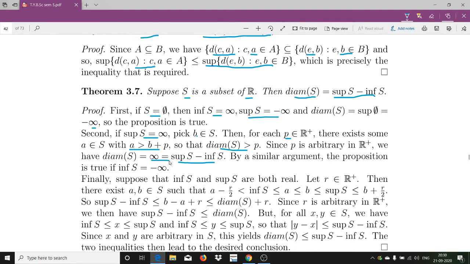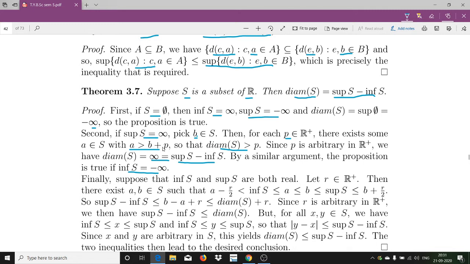Now a similar argument you can make, and you can prove that this statement will be true in the case where the infimum of S is equal to minus infinity. I will just quickly go through it. If you have a case where the infimum of S is minus infinity, we are not making any condition on the supremum of S. Now what we'll have: if you take any element b inside your set, since the infimum of S is minus infinity, you can find an element a such that a is strictly less than b minus p.